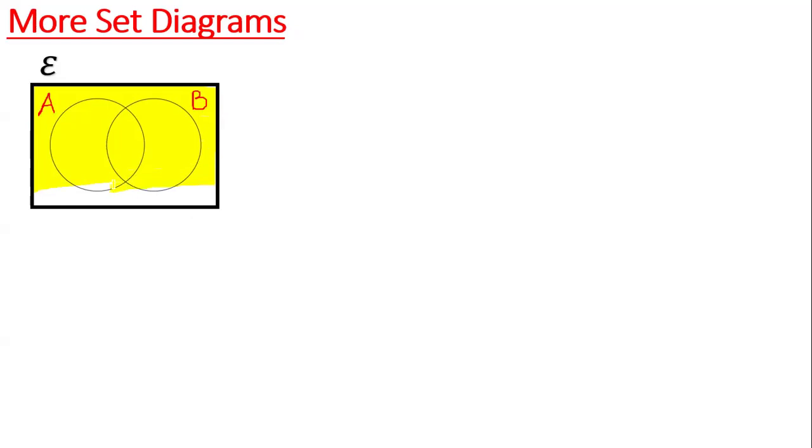So all of this is the universal set. Okay, so that's the universal set right there.